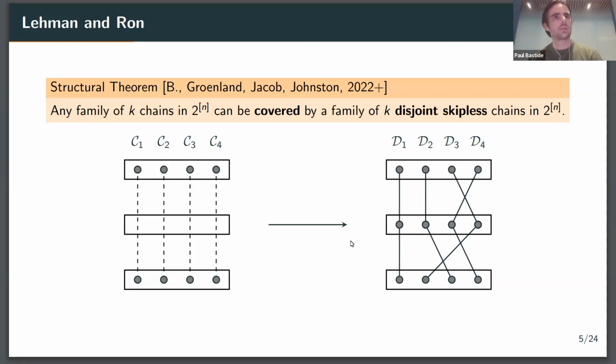And surprisingly, to get the intuition that it is not trivial to find such chains, you cannot preserve the matching structure, in the sense that you might be lucky and the first chain has the same top element and bottom element as the matching chain. But for the second chain, you could have to swap the source and target around, so the bottom and the top. So you already see that it's kind of tight in some way, like you cannot do whatever you want with your sources and your targets. And you need to do something quite tricky.